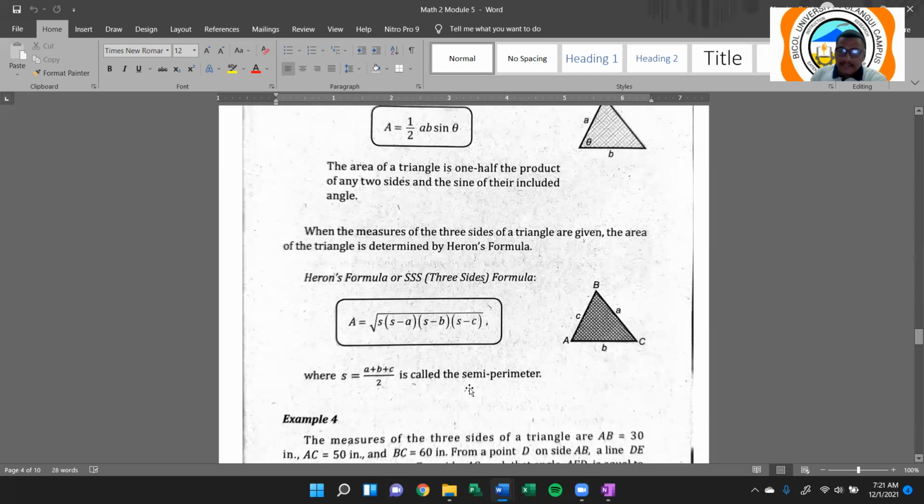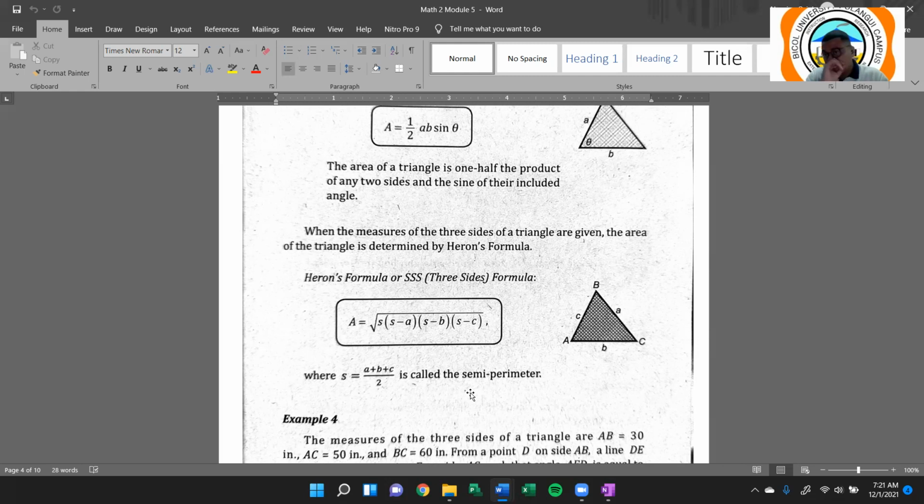Okay. It is also important to note, class, that for you to solve all the parts of the triangle, you need to have at least three givens, and one of those three must be a side. If you want to solve all the parts, we have three sides and three angles. So you cannot solve a triangle if you have three given angles.